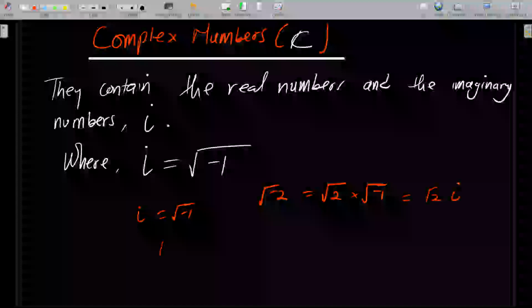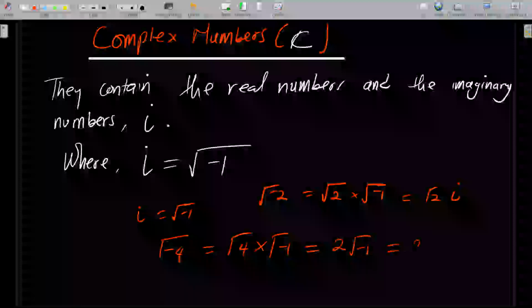If I have square root of -4, this is square root of 4 times square root of -1. Square root of 4 is 2, and square root of -1 is i. So square root of -4 in complex numbers is 2i.